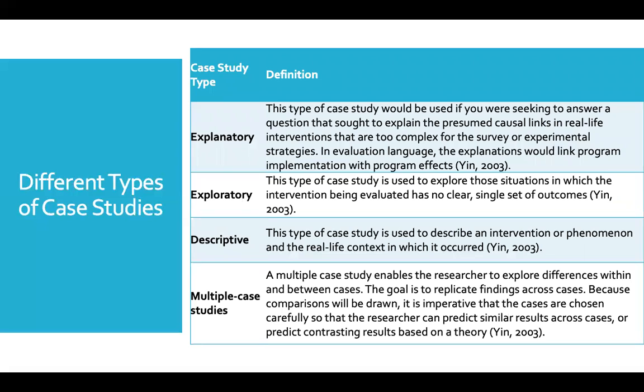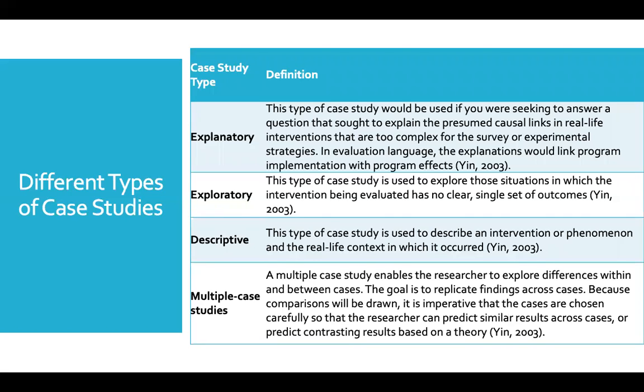So here is one case study typology with the definition. We have the explanatory, the exploratory, the descriptive, and multiple case studies. With the explanatory, we are looking for the causal links in some real-life interventions.